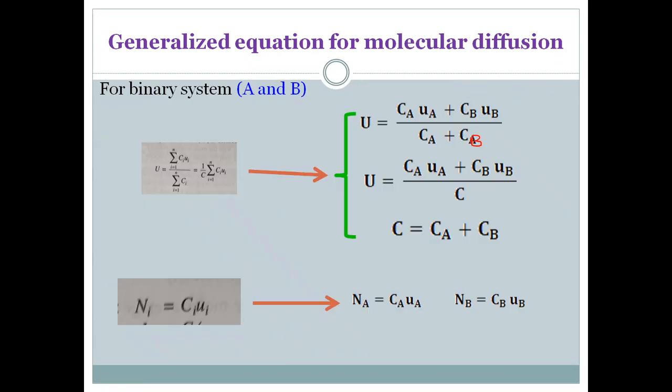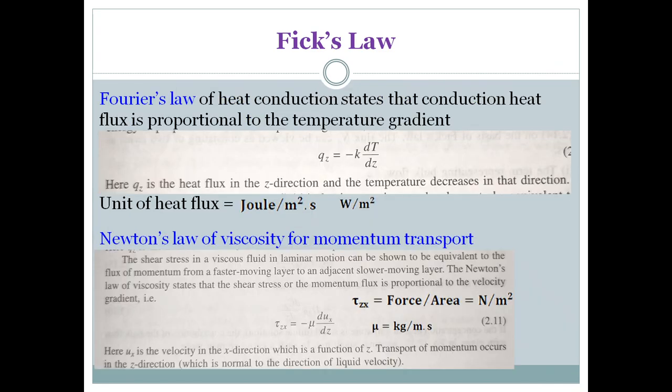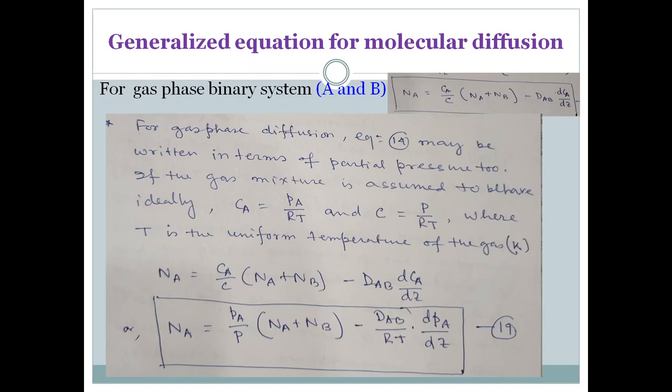Let's see. So this is my equation: Na equals Ca by C, times (Na plus Nb), minus DAB dCa by dz.